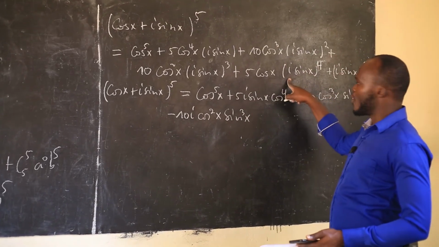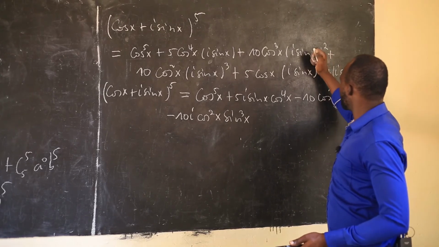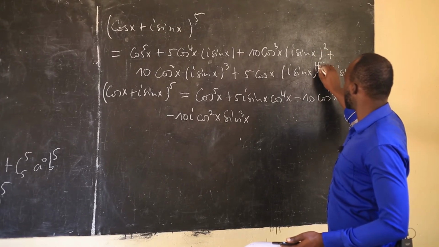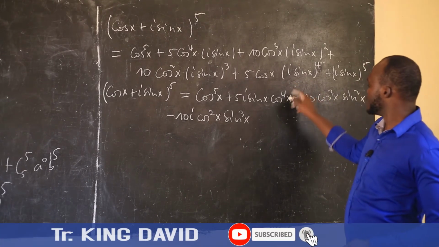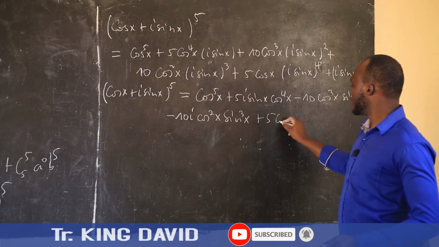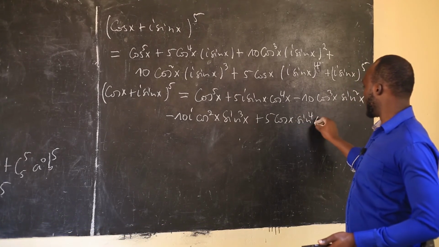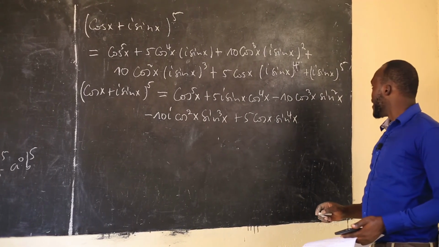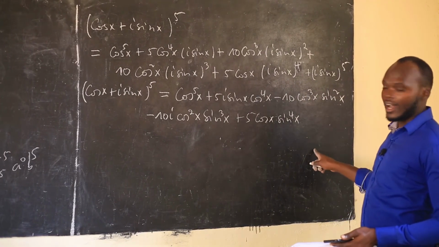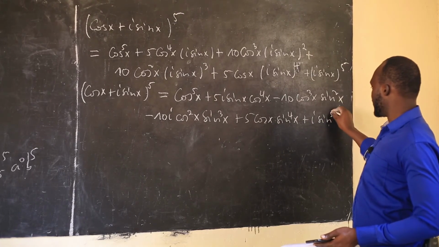Then i power 4 is 1, which is plus 5 cos x sin power 4 x. Then i power 5 is i, plus i sin power 5 x.